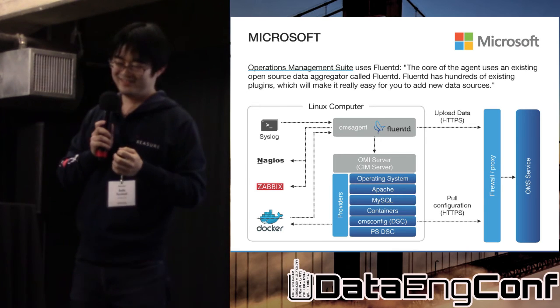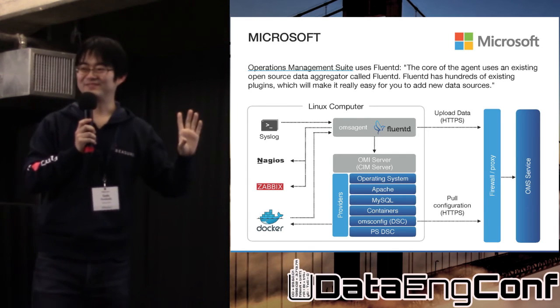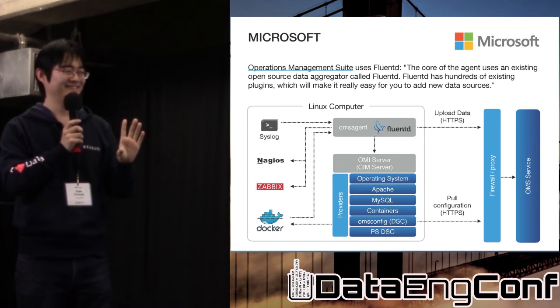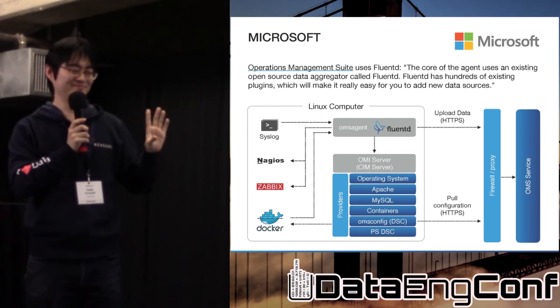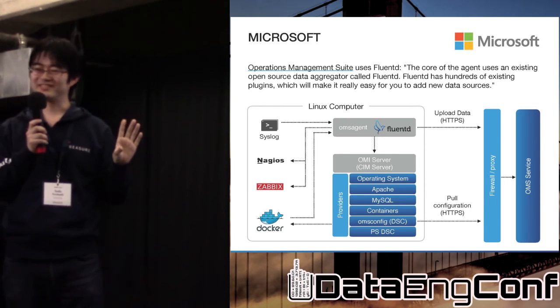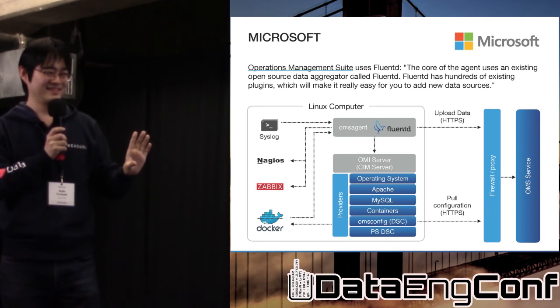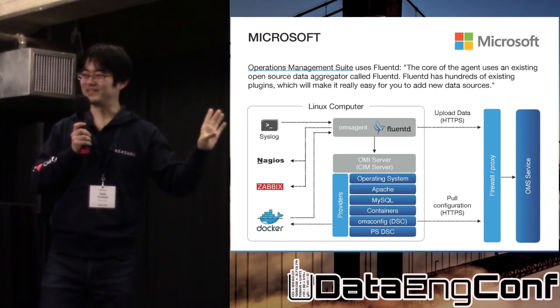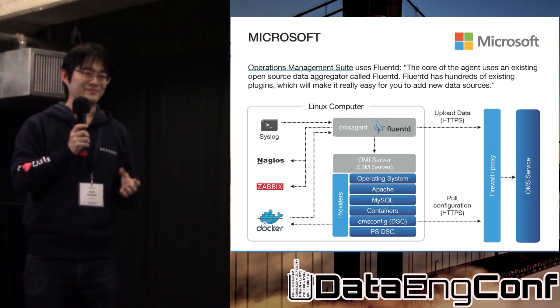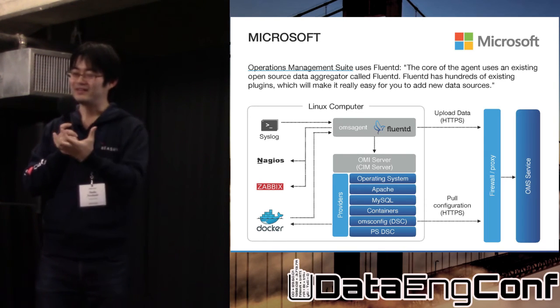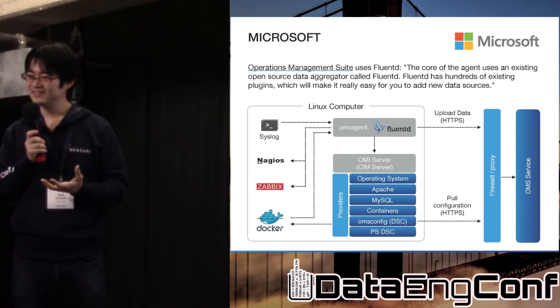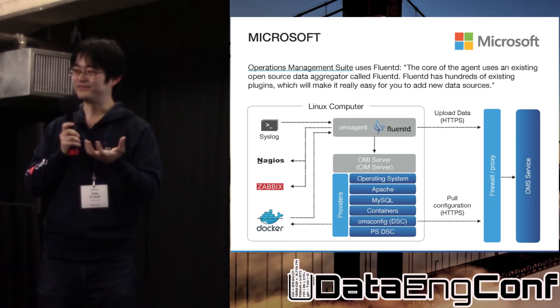I think, in terms of technology, this is good technology. And this is one of the most successful projects I started. And it's used by those big companies. One deployment is 200,000 servers. All of them deploy Fluentd.